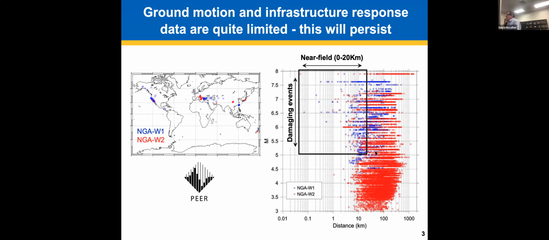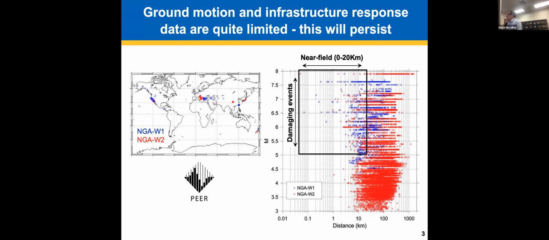Well, one of the things you immediately see if you look at this is up here, where engineers may be most concerned about damaging events, very large earthquakes and in the near field, the data continues to be exceedingly sparse. And so the coverage of the data that informs empirically based methods is still really, really lacking and will continue to do so. So I think that's an important thing to keep in mind.